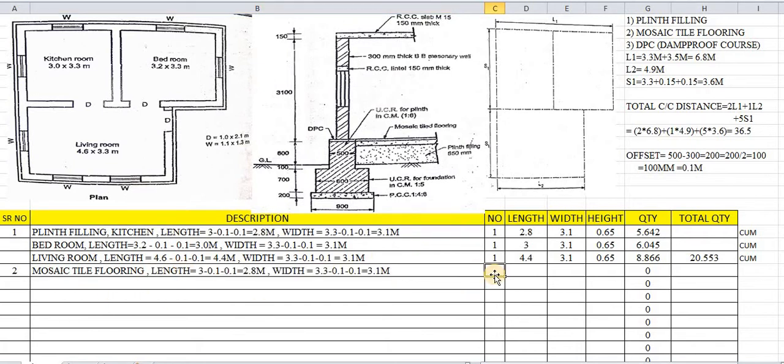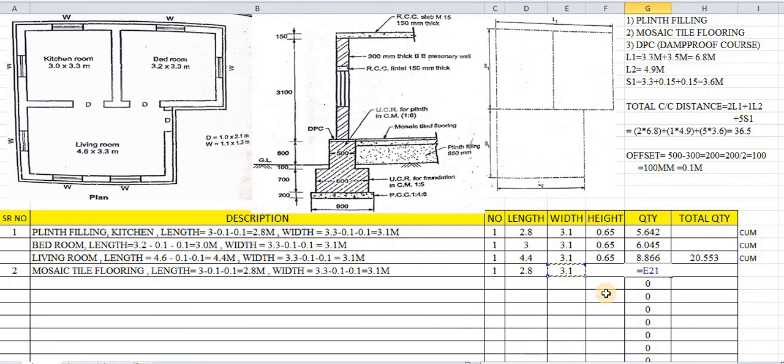Length will be the same, width will be the same. 1 is the total number and 2.8 is the length. Again 3.1 is the width. Okay. So we just have to take these multiplications.